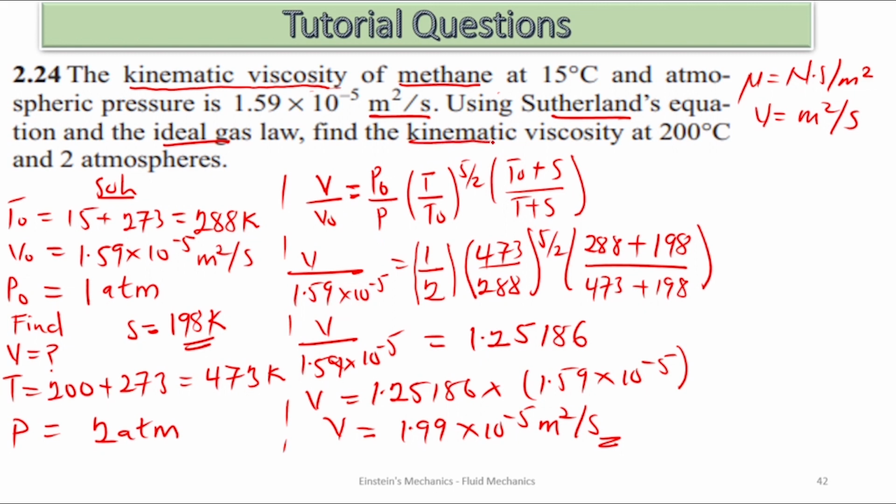So the kinematic viscosity at 200 degrees Celsius and 2 atmosphere is this. Check the equations: they are two different equations. The one involving pressure only involves kinematic viscosity, and Sutherland's involves the dynamic or absolute viscosity.